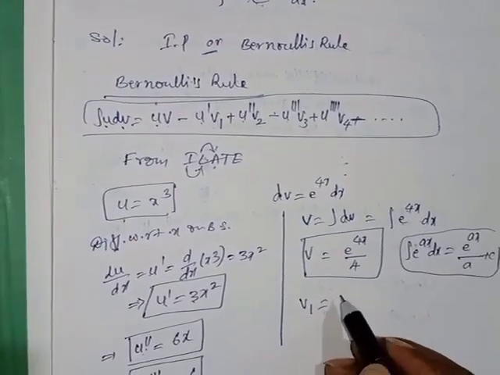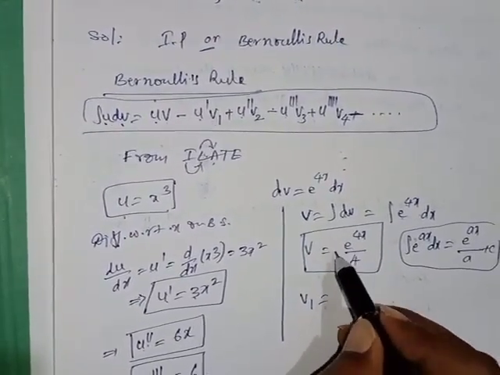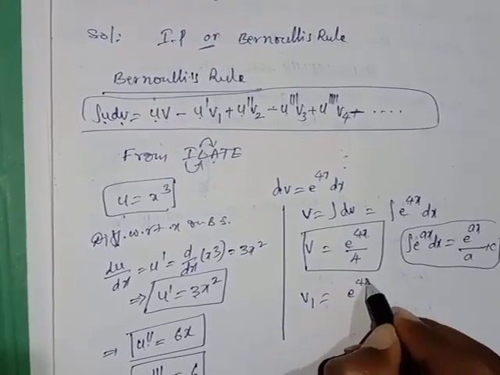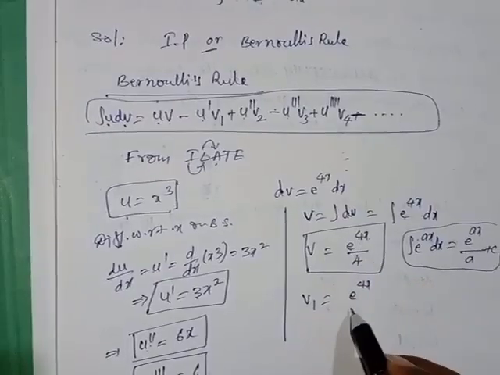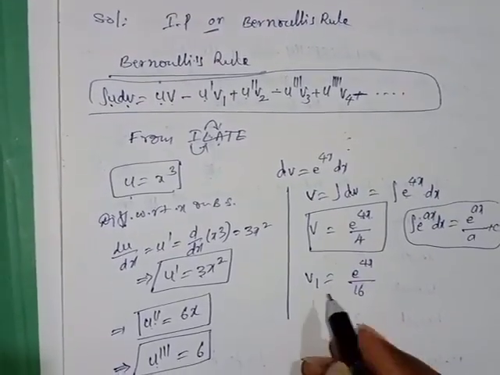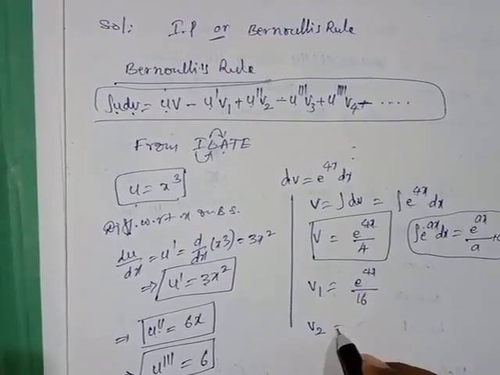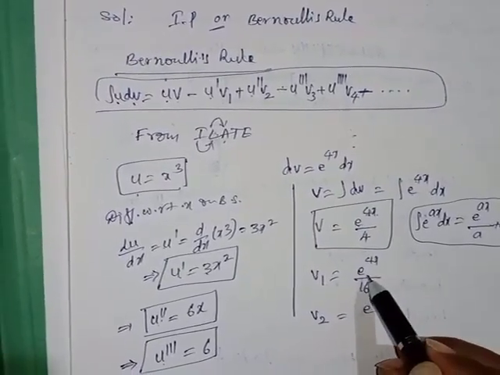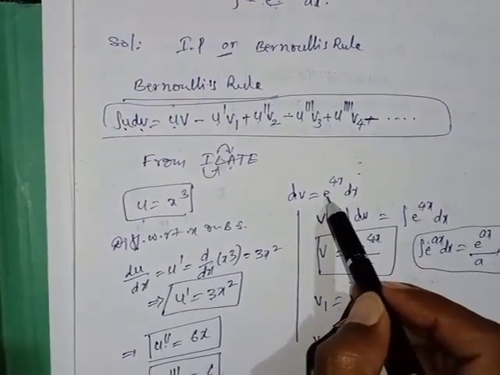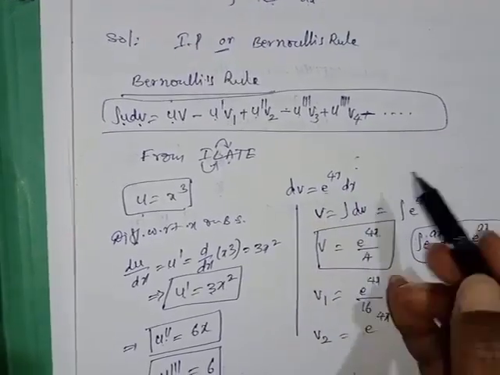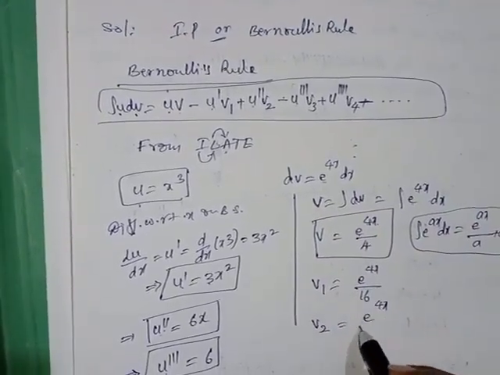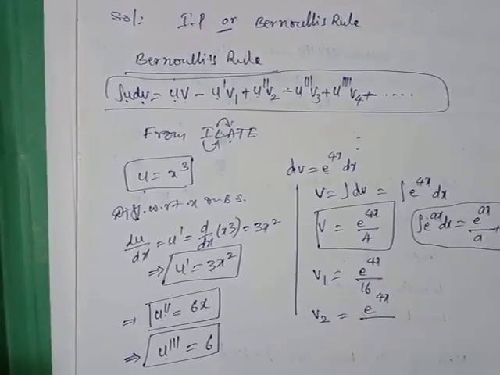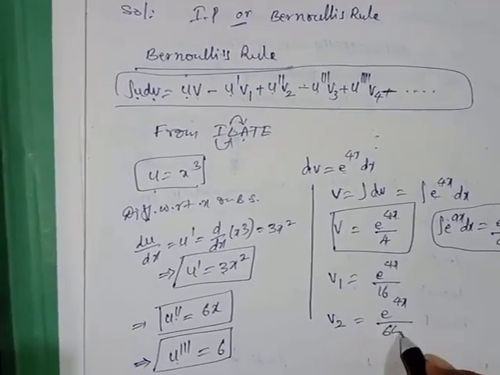Now find v1. v1 means the integral of this one. Integral of e power 4x is e power 4x, then multiply 4 fours are 16. This is the v1. Next, v2. v2 is e power 4x in the numerator. If you observe, when dv is an exponential value, the numerator is always the same, but the denominator is different. 4 into 16, 4 sixteens are 64.